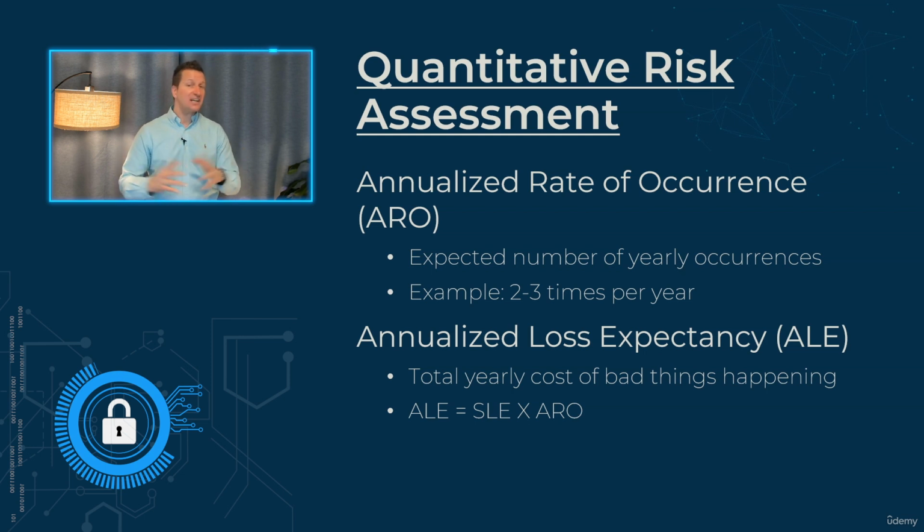How many times is that going to happen per year on average based on historical knowledge? So this would be another one of those items that you're going to need to know how to calculate on the exam. Not only the single loss expectancy, but what we're talking about now, the annualized loss expectancy.